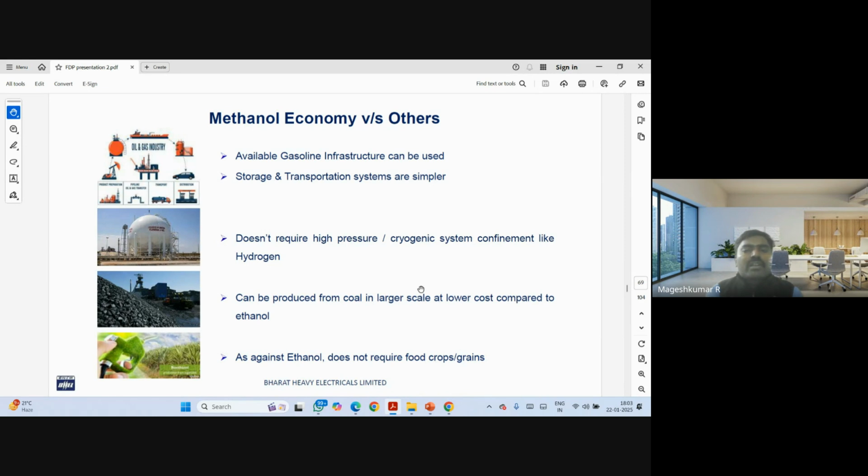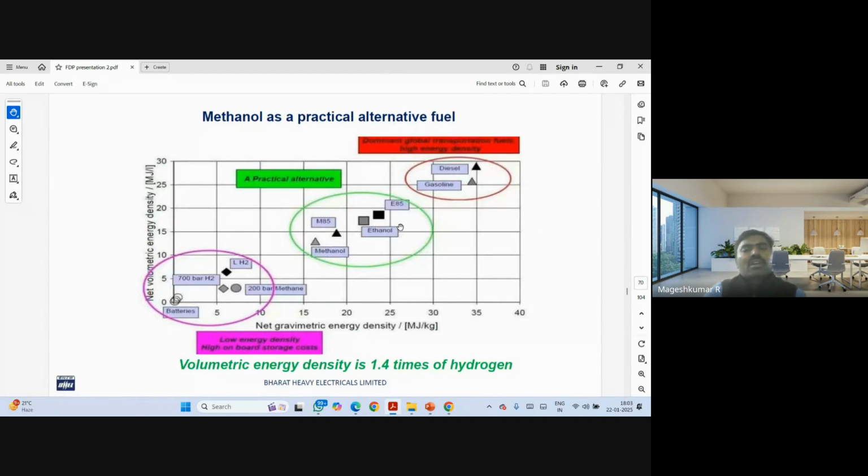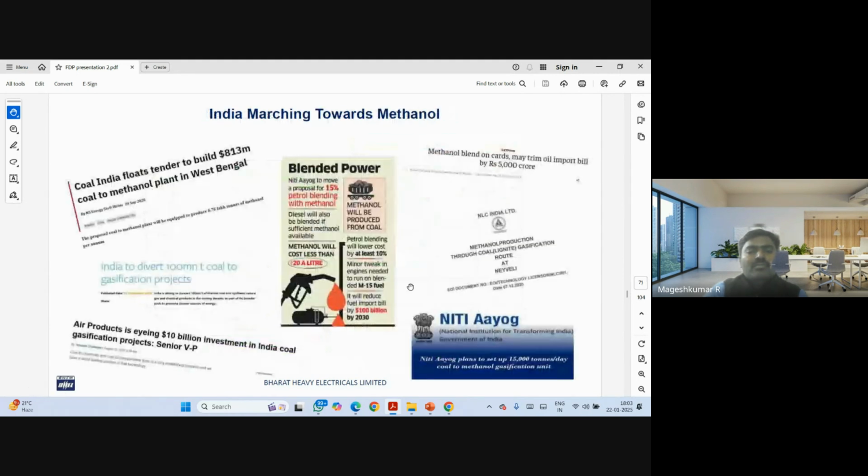I had explained what infrastructure is required for this, and the benefits of producing it. Ethanol can be produced from food crops and grains, while methanol can be produced from the coal gasification process. Methanol is also a practical alternate fuel; where it lies in gravimetric and volumetric density has been mentioned here. The volumetric energy density is 1.4 times that of hydrogen.